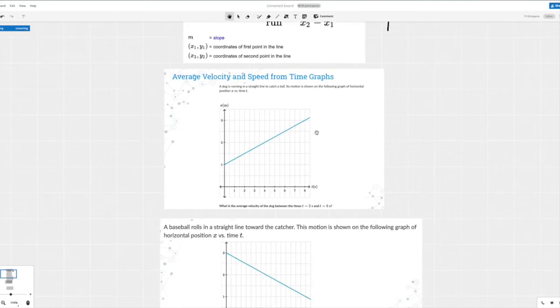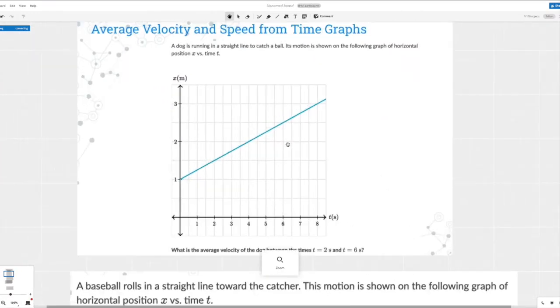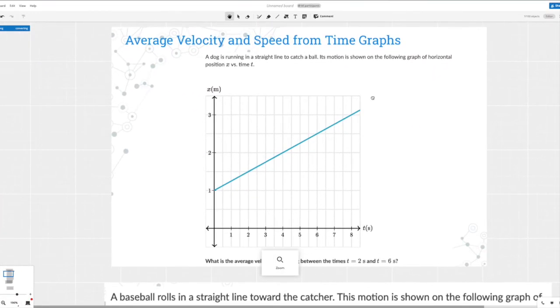So I'm going to zoom in on this. I'm just going to write down the formula for a slope right over here: y2 minus y1 over x2 minus x1. So a dog is running in a straight line and we're given its motion.